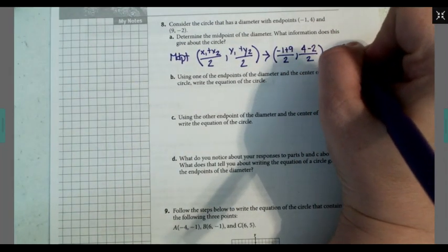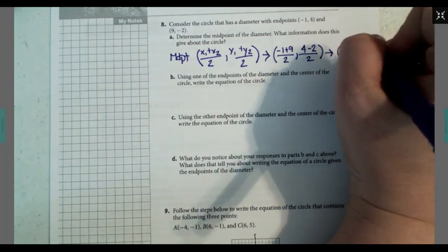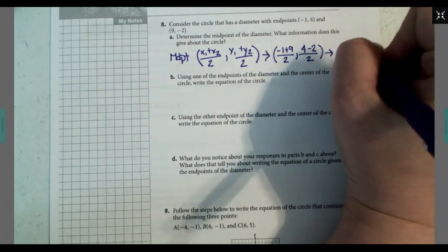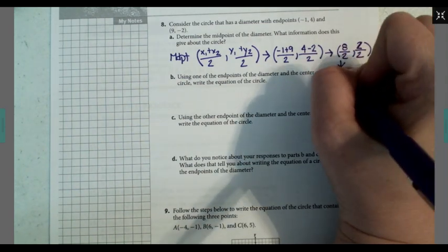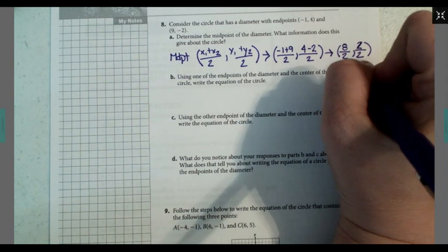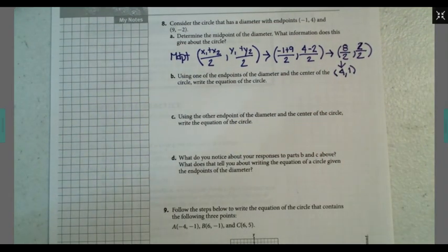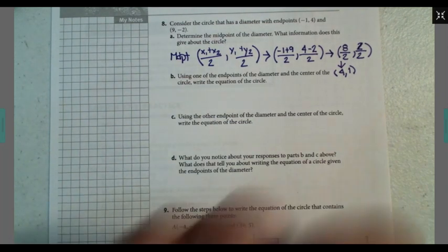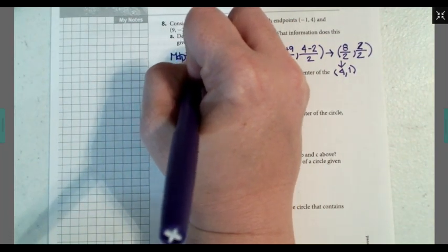That's 8 over 2, comma, 2 over 2. So (4, 1). What does (4, 1) represent? If that's my diameter and I found the midpoint, that would be the center of my circle.